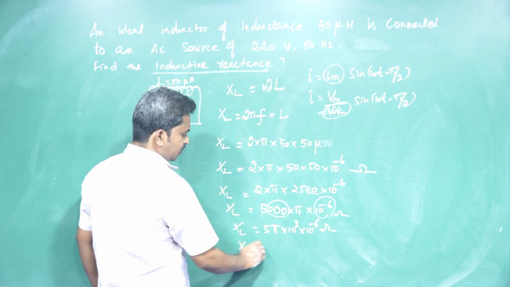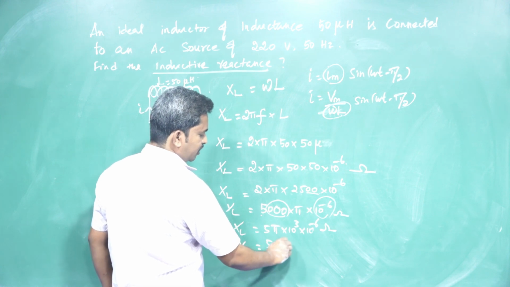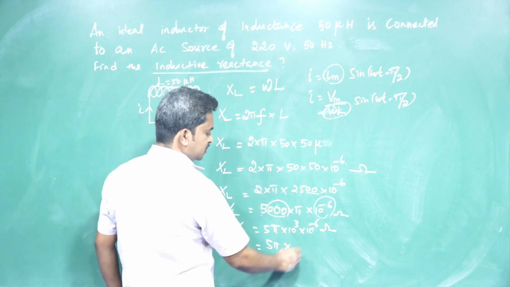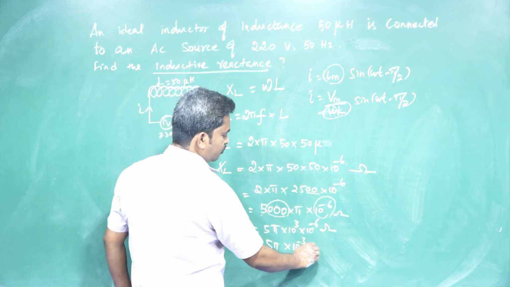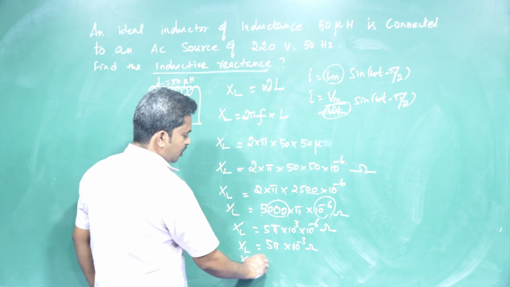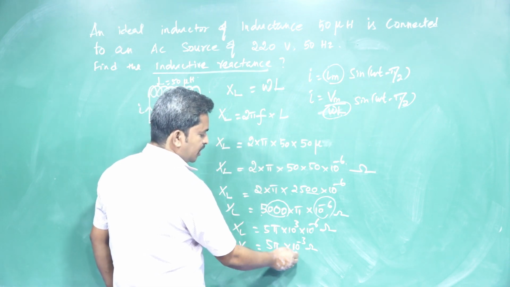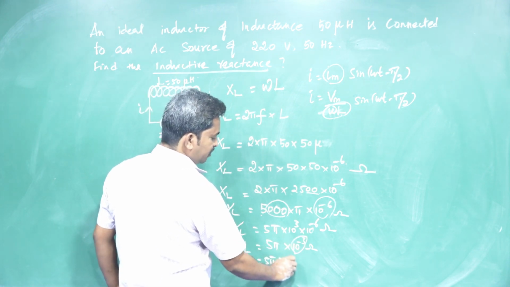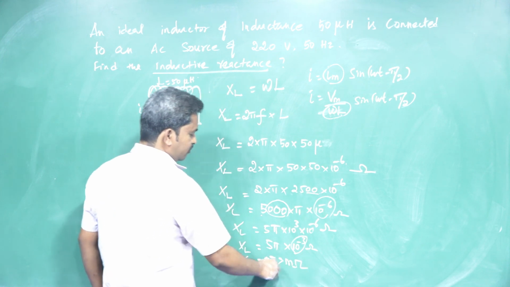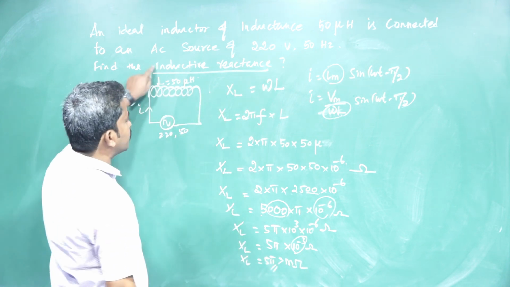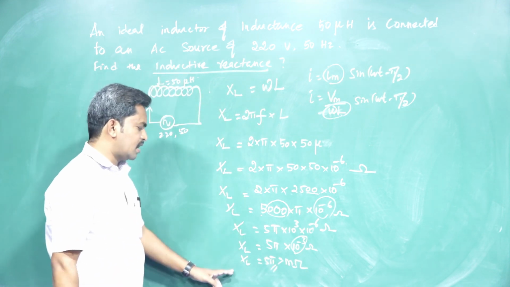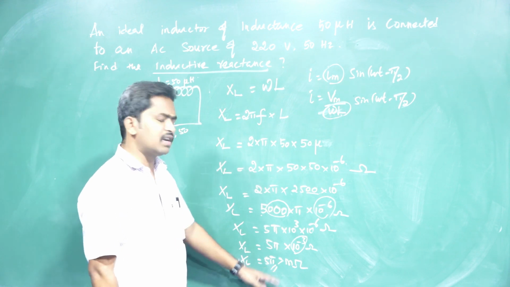So XL is equal to 5 pi into 10 power minus 3 ohm, which is called milli. So milli ohm. This is the answer. The inductive reactance of this coil is XL equal to 5 pi milli ohm.